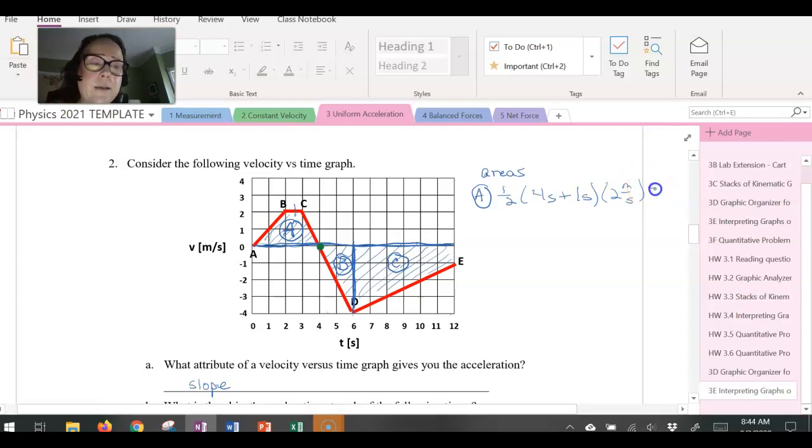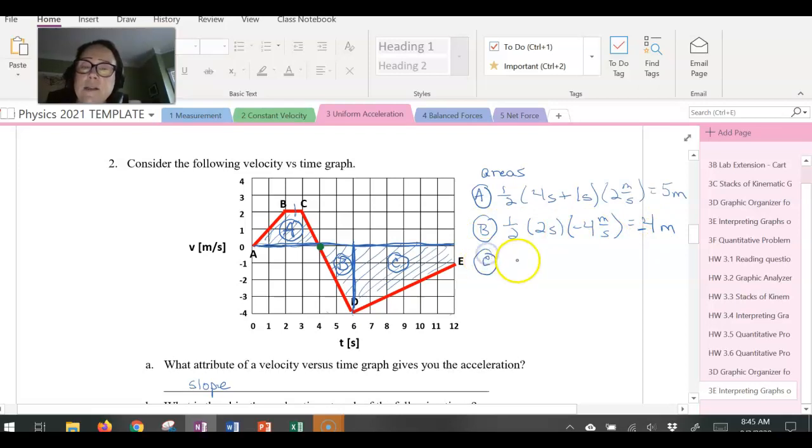Okay, so we get 5 meters. Then shape B, that's a triangle, that's a little easier. Half of the base, which is 2 seconds, times the height, which is -4 meters per second. So that would be -4, I'm sorry, meters. I don't want to lose that negative sign.